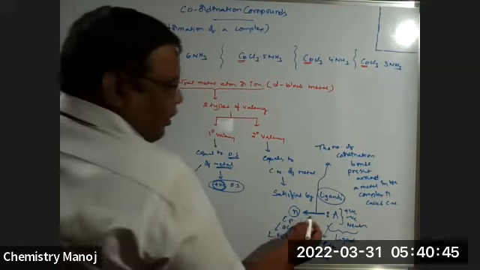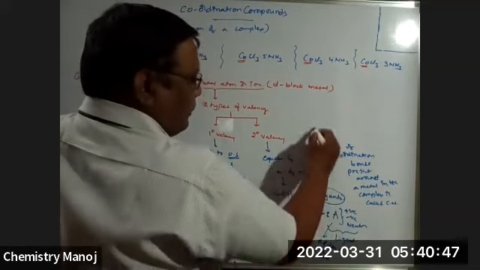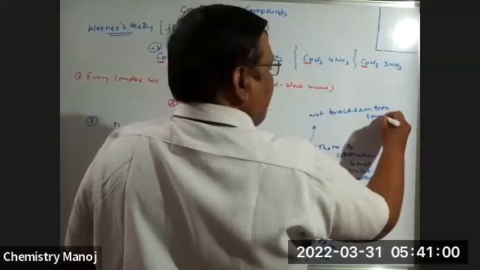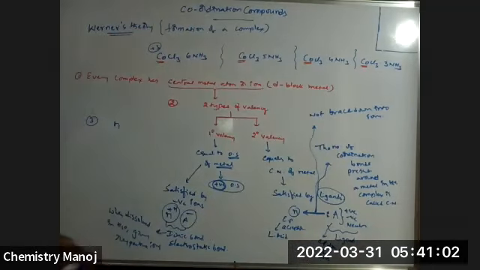But the coordinate covalent bonds do not break down into ions. The coordinate covalent bond cannot break down into respective ions, but the ionic bond breaks down into ions when it is dissolved in water. Clear?